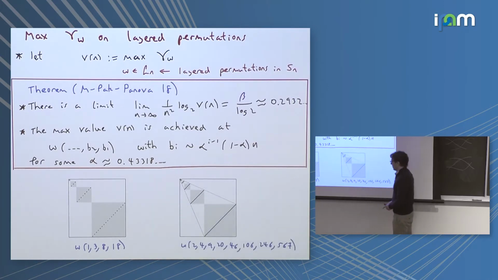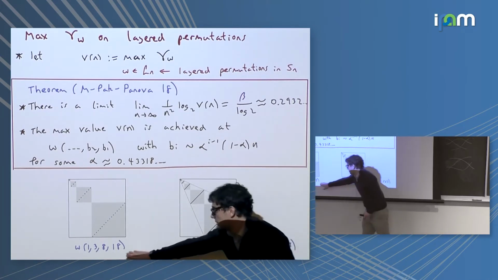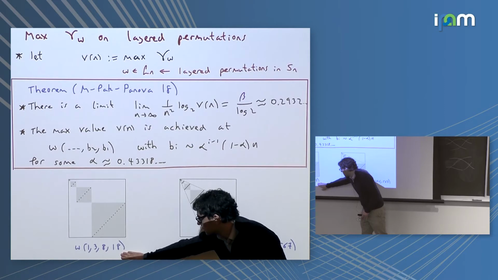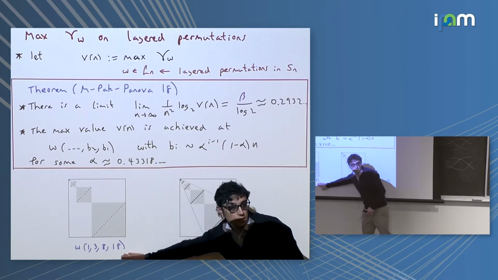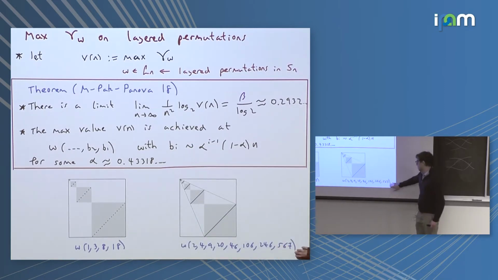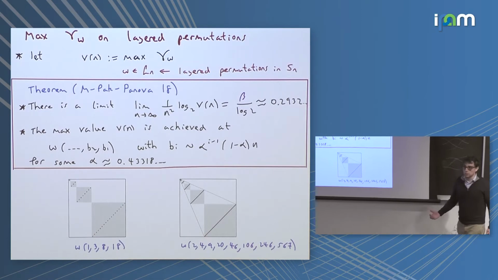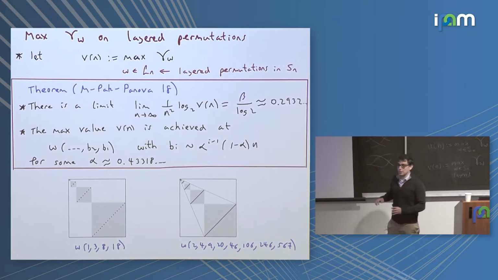So for example, this is maybe one of the maximal layered permutations of size 30, and this is one of the maximum permutations of size 1,000. These runs start following some geometric progression. So this is our main result. Any questions?